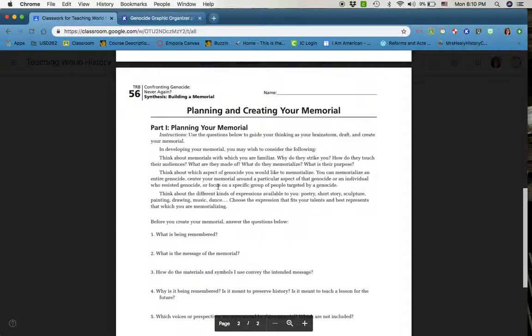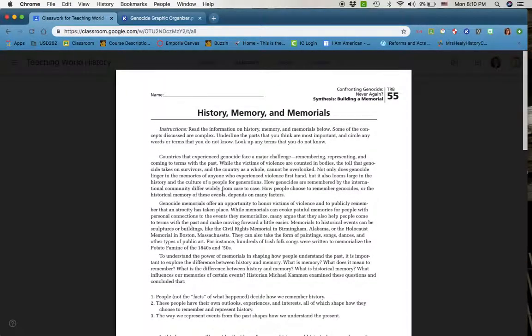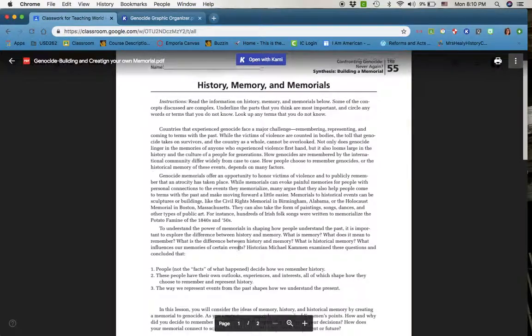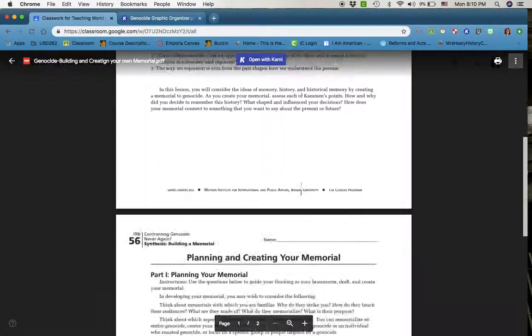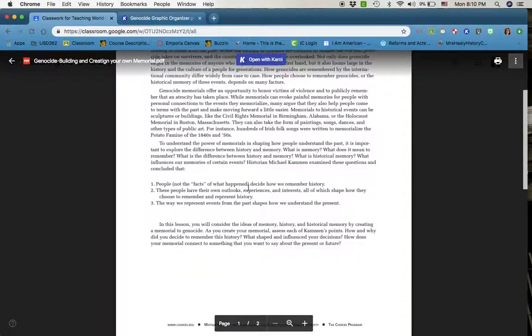It just has you consider what should be remembered about this genocide, what is the message of your memorial going to be. It talks about what memorials are and why they're created and things like that. So if you do have time to read through just this first page, then you can talk about this piece, but if not, we'll work on that on Wednesday.